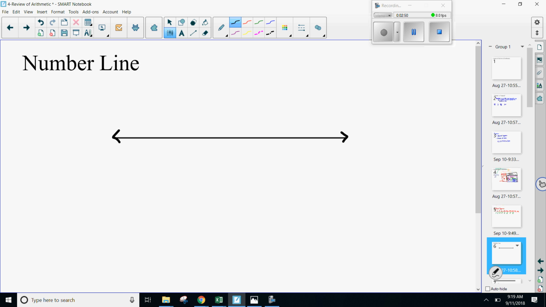Positive values are to the right of 0, and we refer to 0 as the origin. If you go to the right and you keep on going, it's going to go to positive, and that symbol, do you know what that symbol is? Infinity. So it goes to positive infinity, but also it's going to keep on going in the negative direction to negative infinity.